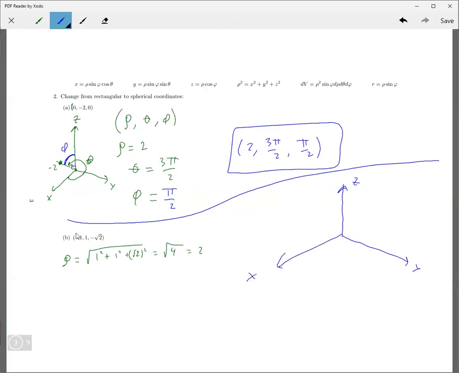Now, -1 corresponds to the x-axis. Okay, so let's say here's -1 on the x-axis, and then 1 is the y-axis, so you're going to come out this way, line up by 1. And then -√2 is the z. So you're going to go down, and there's the point right there.